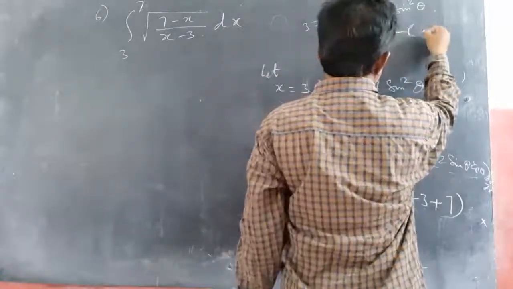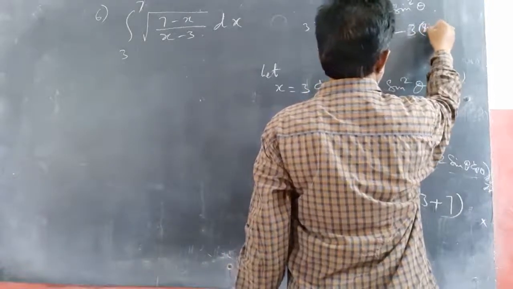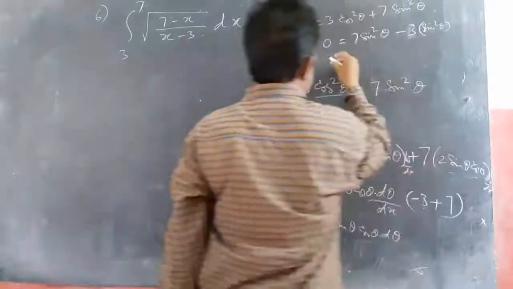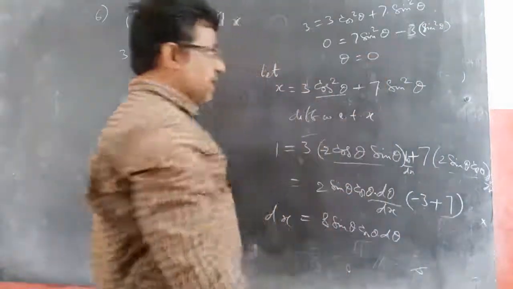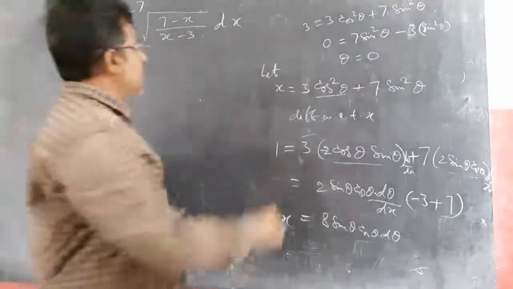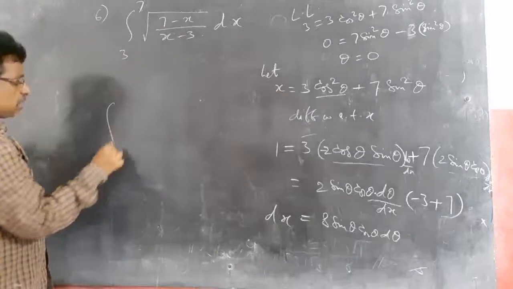If I take minus 3 common, it becomes 1 minus cos square theta, which is sin square theta. So 4 sin square theta equals 0. When sin becomes 0, theta equals 0. So this is the lower limit; your lower limit is 0.